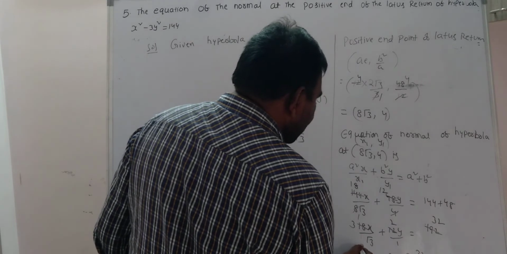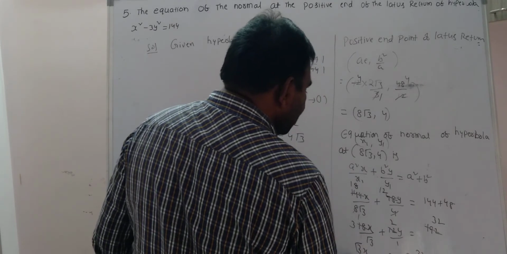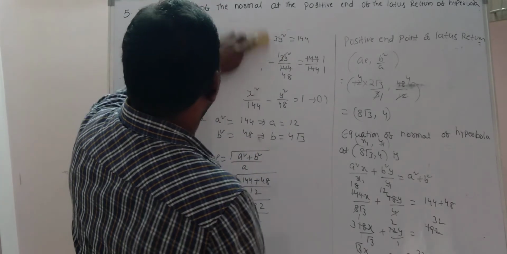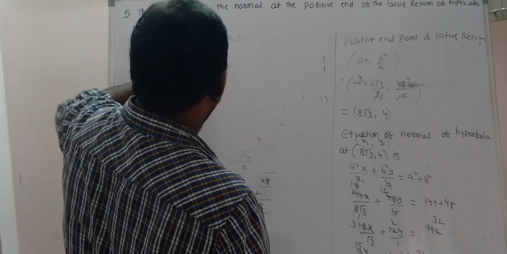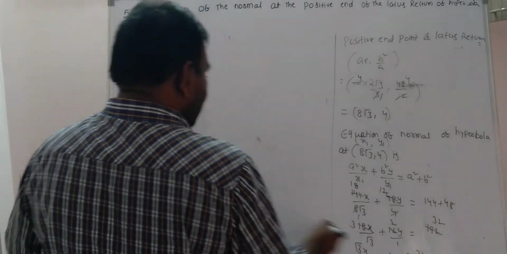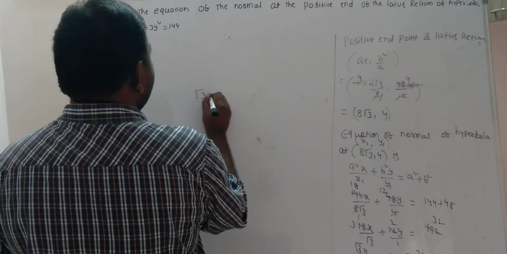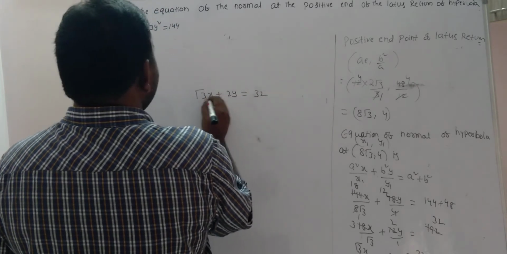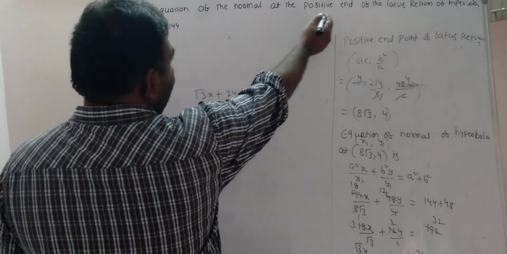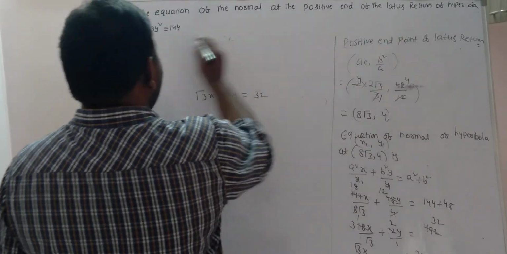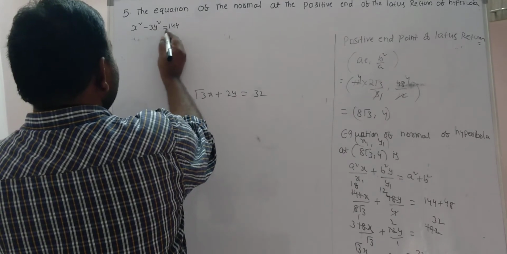The 3 cancels with root 3 times root 3, so finally the answer is root 3 x plus 2y is equal to 32. This is the equation of the normal at the positive end of the latus rectum of the hyperbola x square minus 3y square is equal to 144.